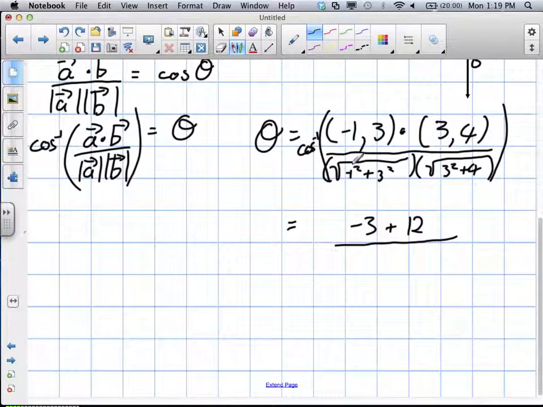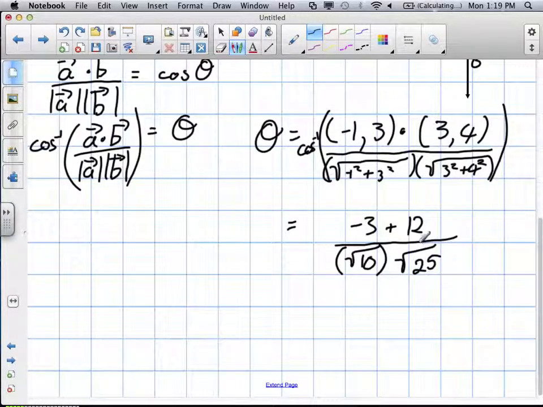Divided by -1 squared is 1, plus 9, 10, root 10, times 9 and 16, root 25, which is 5. We'll write it out as root 25 anyways. Is that right? 16, 9? Yep. So we end up with 9 over 5 root 10.